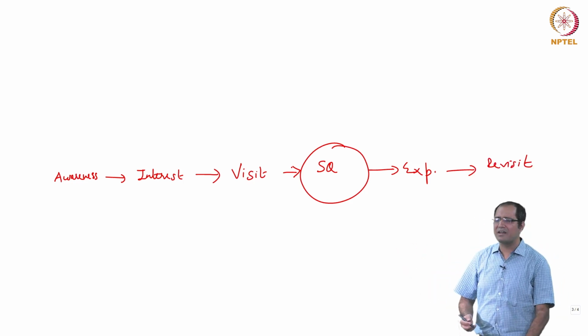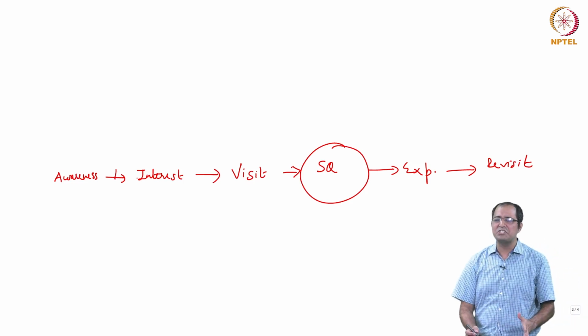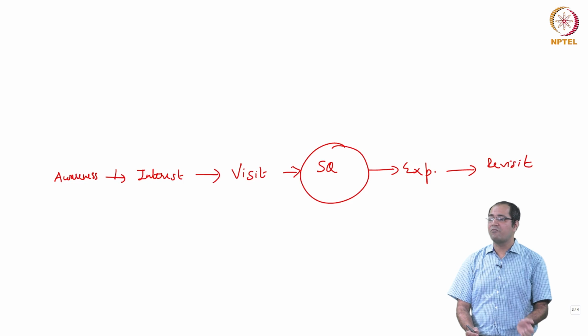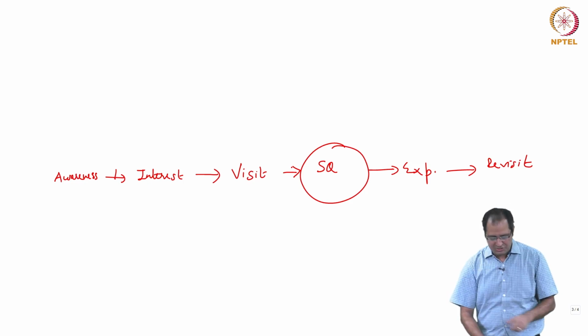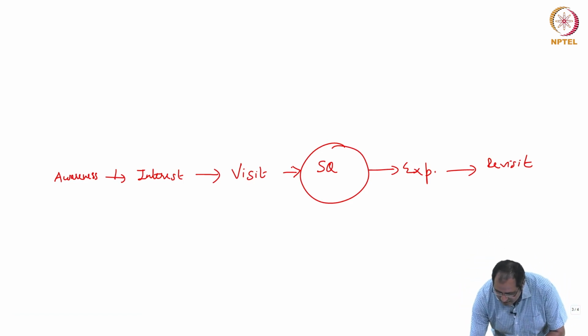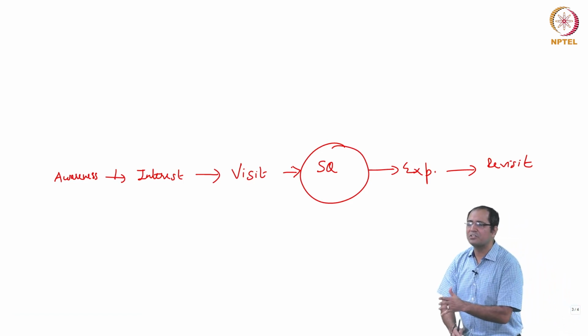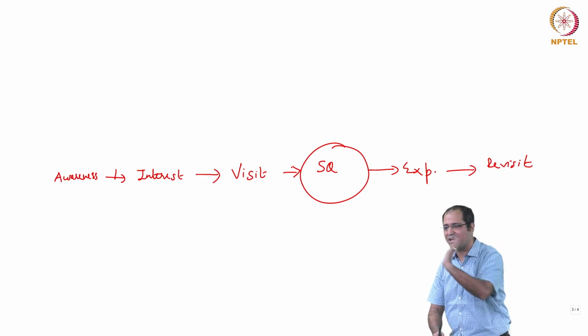It doesn't mean awareness leads to interest. Awareness is necessary for interest, but awareness itself doesn't lead to interest. So this is just a process. I have not written a theory. This is just a stepwise process. So the marketeer has to move people from awareness to interest to desire to action, right?